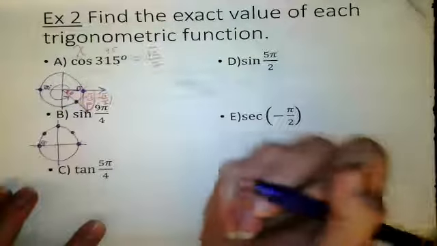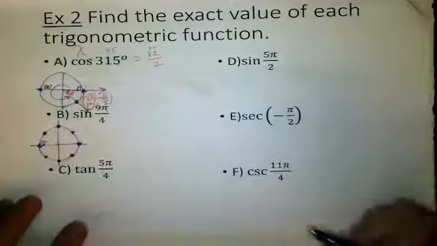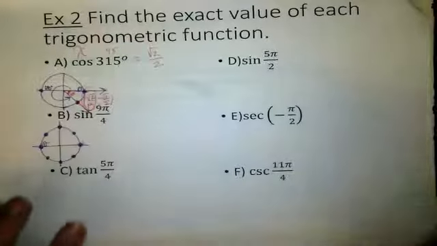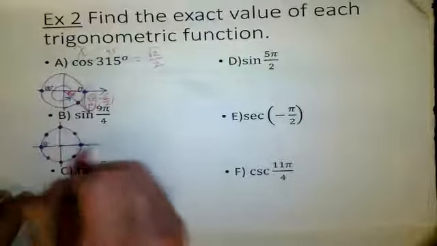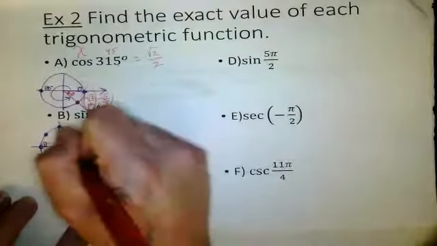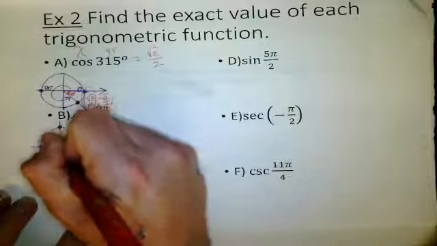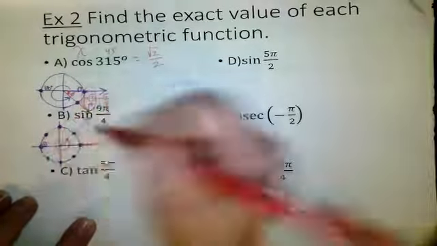Whatever I do to the top, I've got to do to the bottom. How many wedges all the way around? 8 wedges all the way around. So I want to draw this angle. It starts here. The initial side is on the positive x-axis. And how many do we count? 9. So 1, 2, 3, 4, 5, 6, 7, 8. 1 more makes 9. So here is my angle.